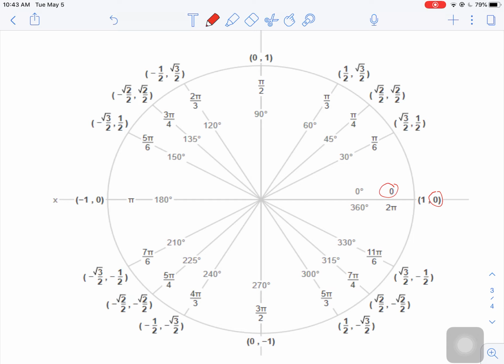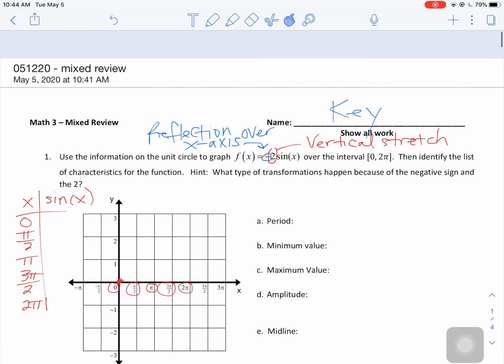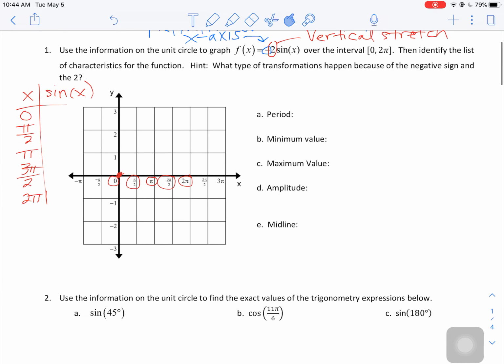When we're at pi over 2, the sine is the y value, so it's 1. When we're at pi, the y value is 0. When we're at 3 pi over 2, the y value is negative 1. And then when we're at 2 pi, the y value is 0 again. So again, I just jotted those down on a piece of paper so I wouldn't scroll back and forth like I've done in all the other videos.